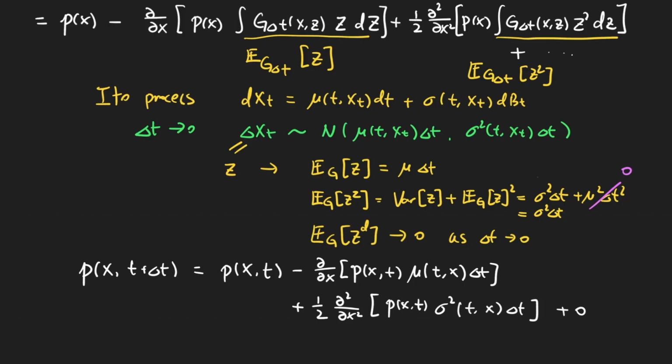Okay, so now all we need to do is just to move this probability to the other side, and then I will divide this equation by delta t.